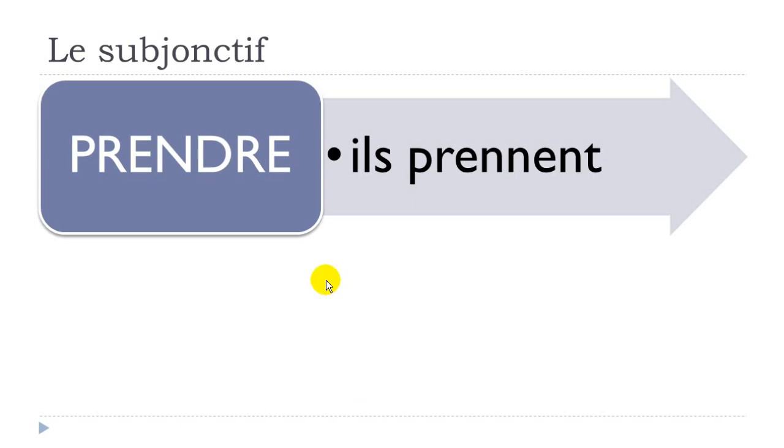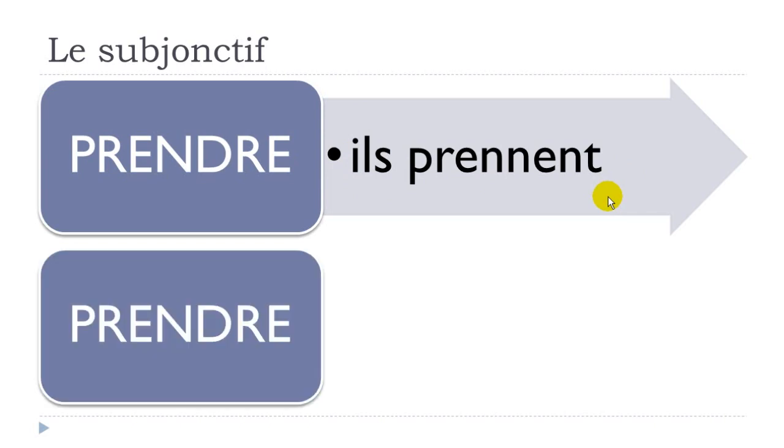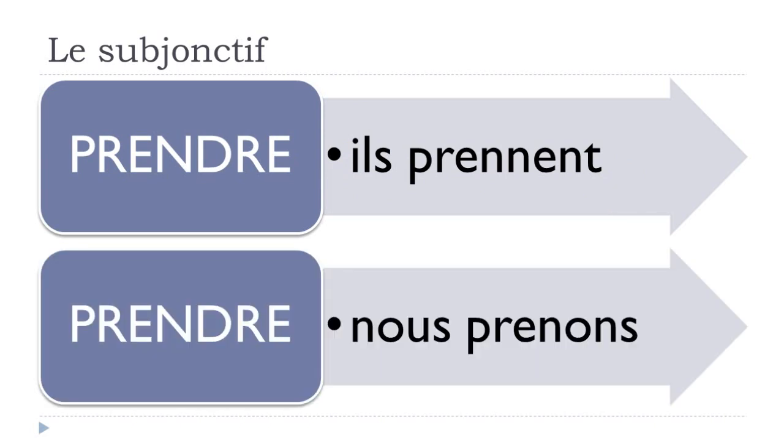The first one we should take is the third person plural, and it goes like ils prennent. Prendre is to take. Ils prennent, that's the present form. And then we've got nous prenons, because remember, we're using this nous prenons form for nous and for vous of the subjunctive.